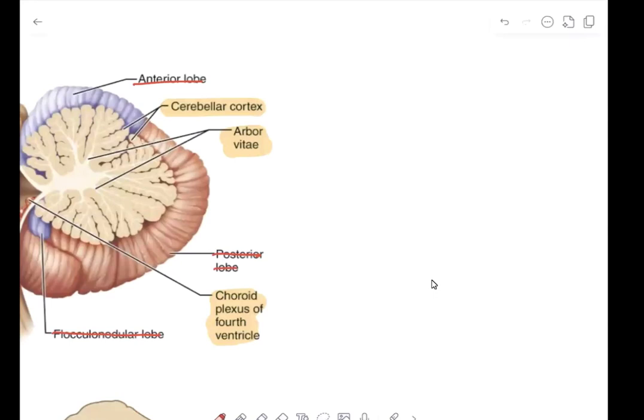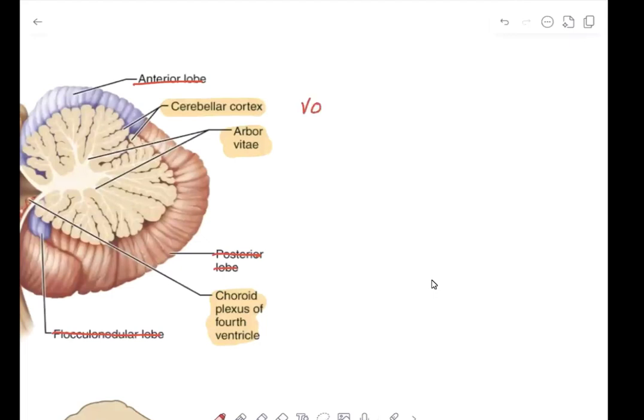Signals from the proprioceptors throughout the body all go to the cerebellum. Those continuously inform the cerebellum of the body's position and momentum.